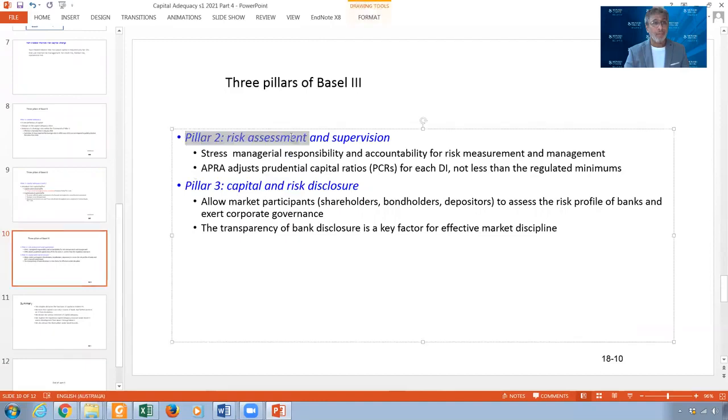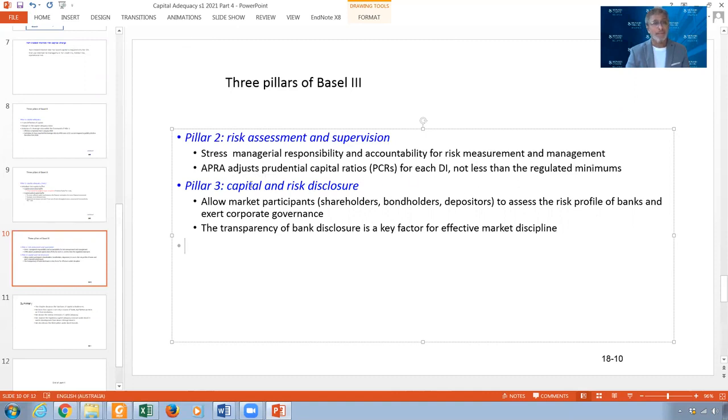Now, maybe we didn't talk a lot about Pillar 2, and this is all you need to know about it. Pillar 2 stresses the managerial responsibility and accountability of risk measurement and management. APRA, which is the Australian regulator, adjusts prudential capital ratios for each depository institution, not less than the regulated minimums.